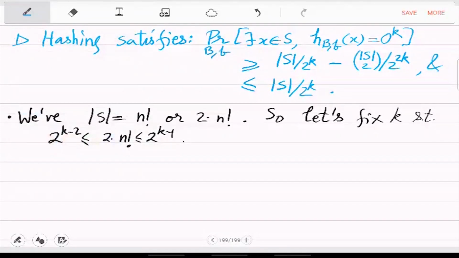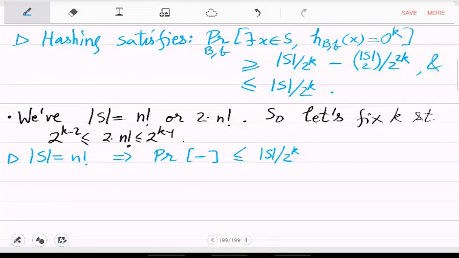So now if the set is of size n factorial, then the probability above, which is at most S by 2 raised to k, becomes n factorial by 2 raised to k. Let's call this p. Okay, so that's the upper bound on the probability.